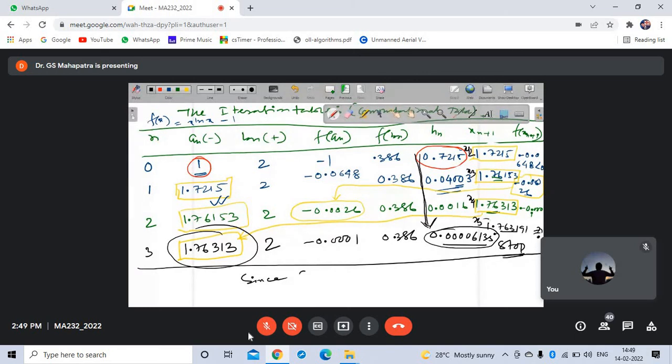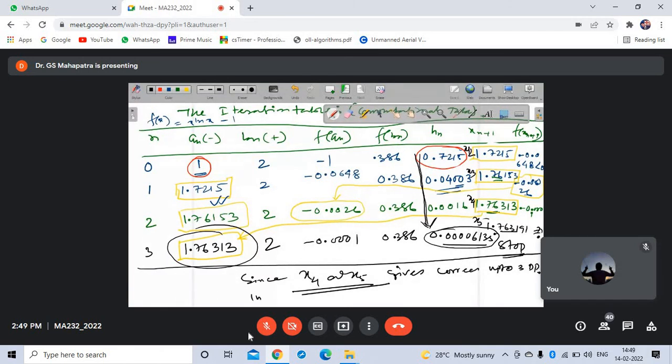Since x4 and x5 give correct up to 3 decimal places, we can stop here, okay now.